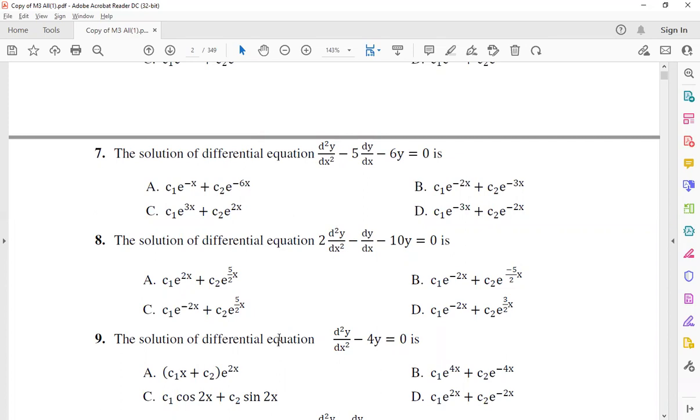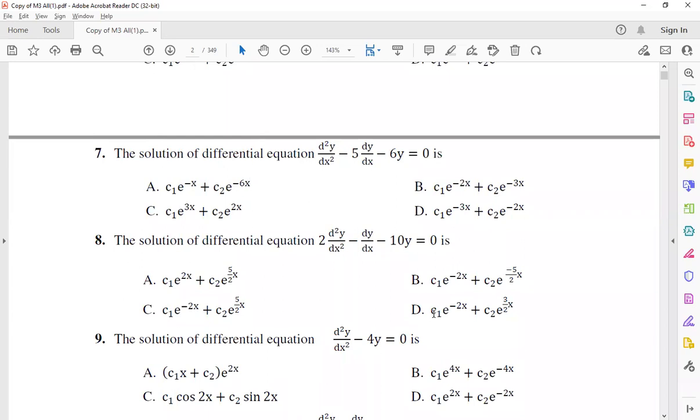So what is the correct answer here? I guess there is no correct answer given. No correct option. So here it should be plus 6x and then it is okay. There is a printing mistake. So yes, the first option can be correct if there is 6.